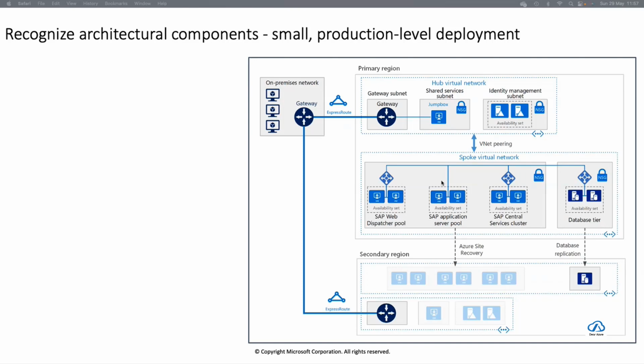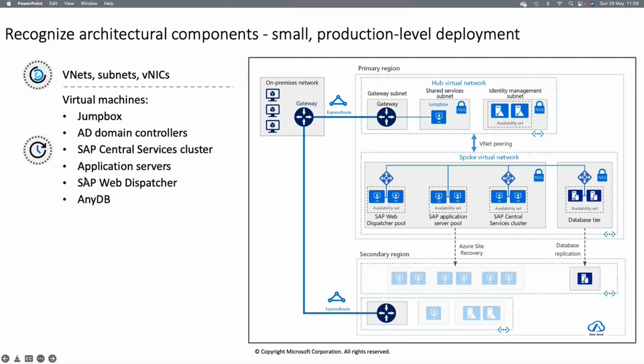Let me go up here. See, the first thing that we have, you should be knowing this already, is that we put up a VNet, right? We also put up a subnet, and then you see the jump box of the virtual machines that we used to host. We have AD domain controllers that we deploy, and SAP central servers, service clusters, and the application servers that we can host.